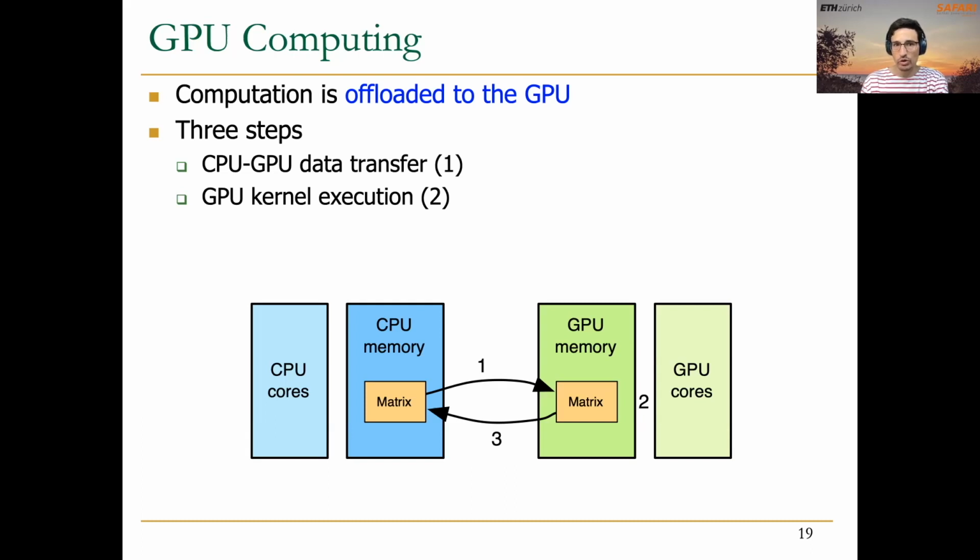On these GPU cores, we run one function, and the name of this function is kernel, GPU kernel. After the kernel terminates, we normally retrieve the results, so read the output results from the GPU memory to the CPU memory. So this is, let's say, the third step in this generic representation of the offloading to GPU.